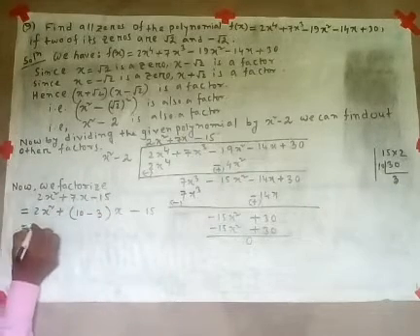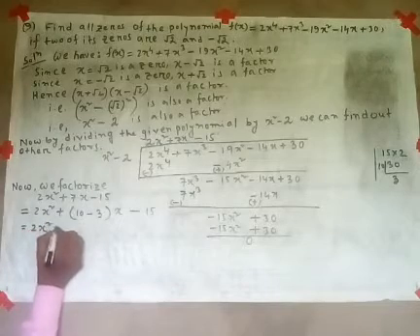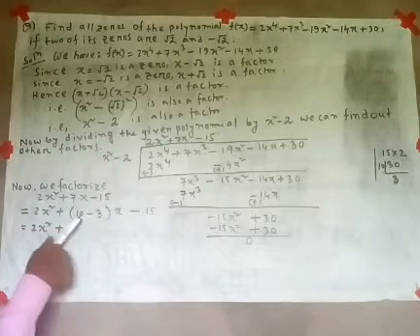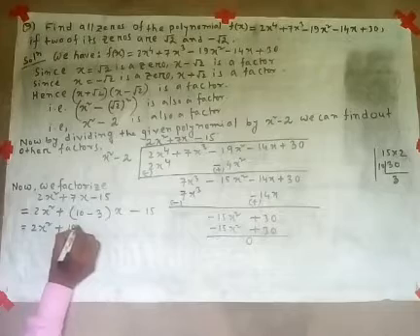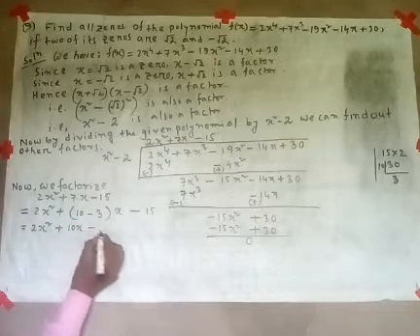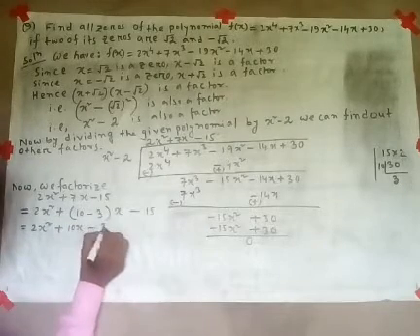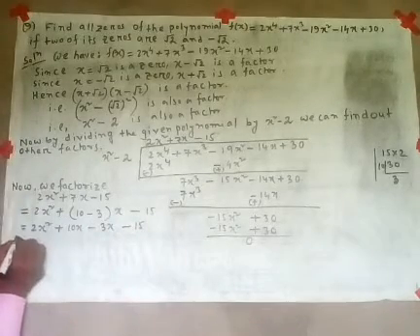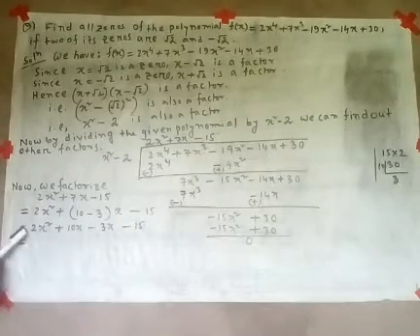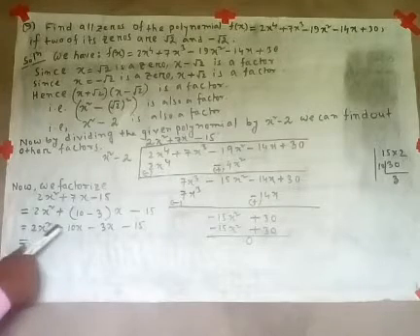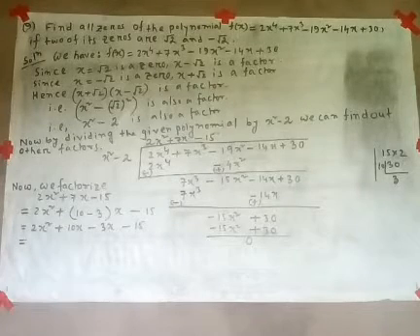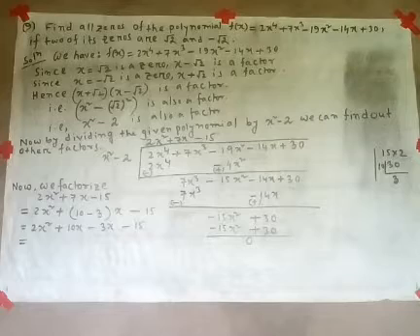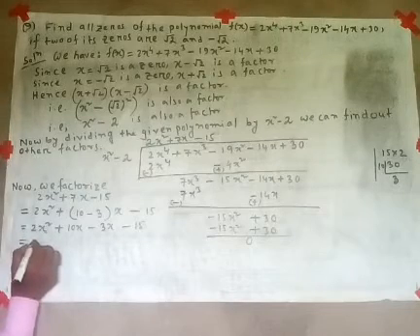This is equal to 2x square plus 10 into x, 10x, minus 3 into x, 3x, minus 15. This is equal to, 2 and 10, what can we take common? We can take 2 common.